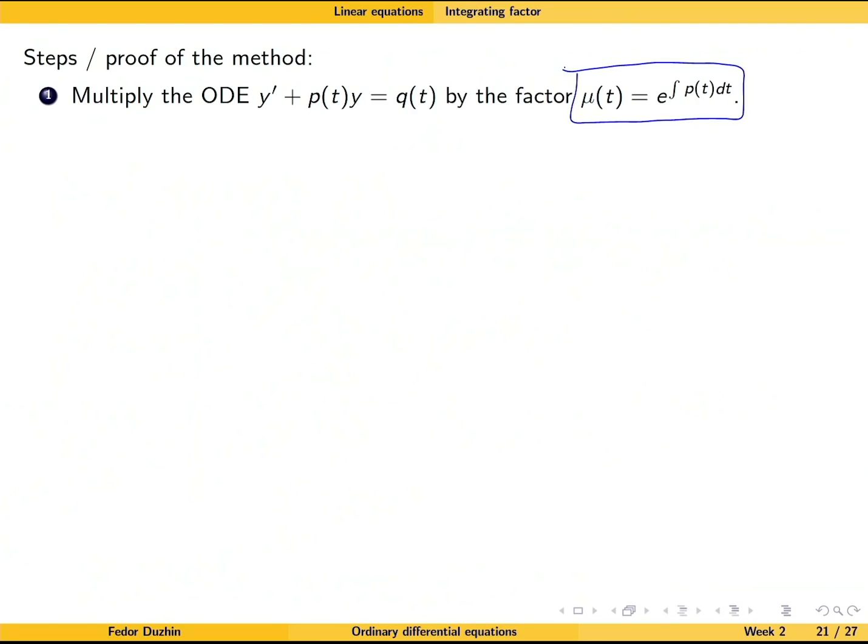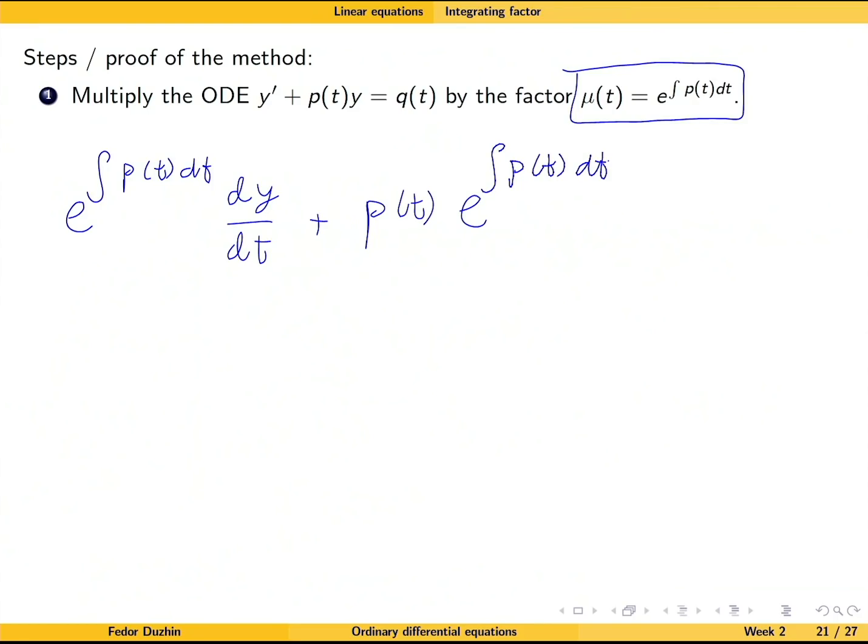By doing this, we are going to get e to the power integral of p of t dt times y prime, which is dy dt, plus p of t e to the power integral p of t dt times y equals e to the integral p of t dt times q of t.